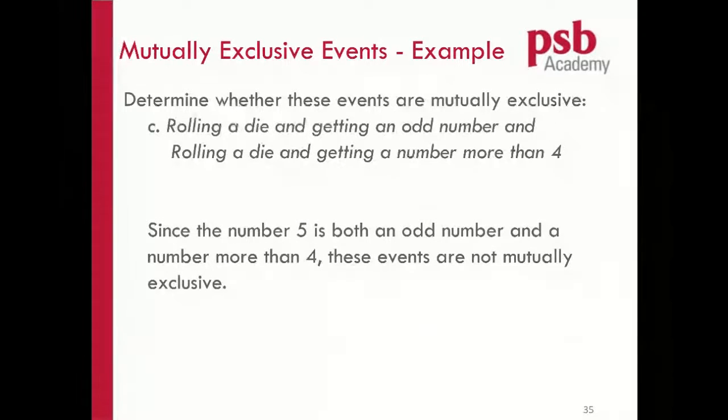How about this? Let's say I'm rolling a die, okay? And I tell you that I get an odd number. What is an odd number? A die has 6 numbers, right? So odd numbers are 1, 3, 5. Then I tell you that I get a number more than 4. Is it possible?